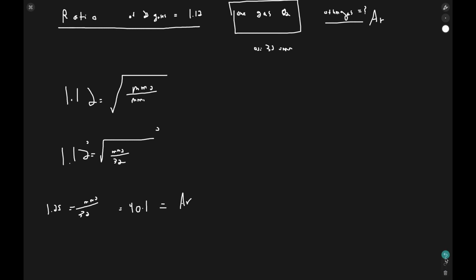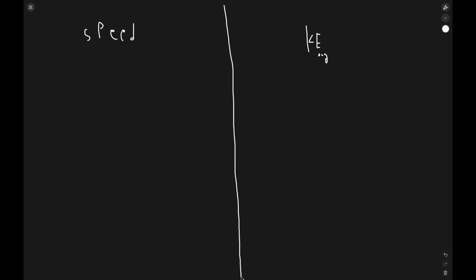Now let's talk about speed and kinetic energy. Speed of a gas and the average kinetic energy, rather. Now, what's the main difference? Well, the speed is associated with the temperature and the mass. Kinetic energy is only associated with temperature.